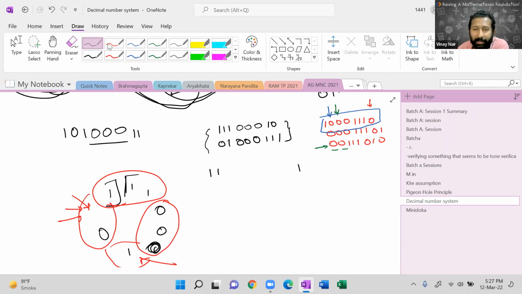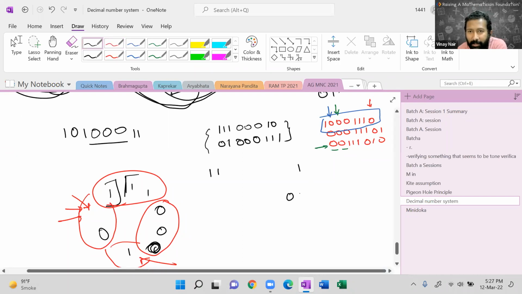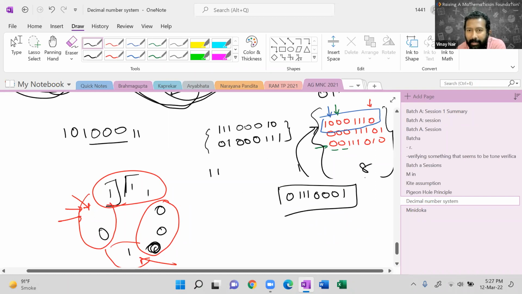Good. I have a question now. What if we take the mirror image of 0 1 1 1 0 0 0 1? This is a mirror image of this. Okay, my question is, will this be covered in these 8, or have you missed this one?